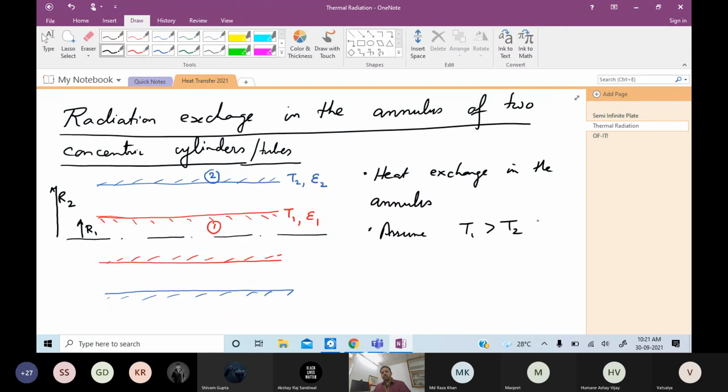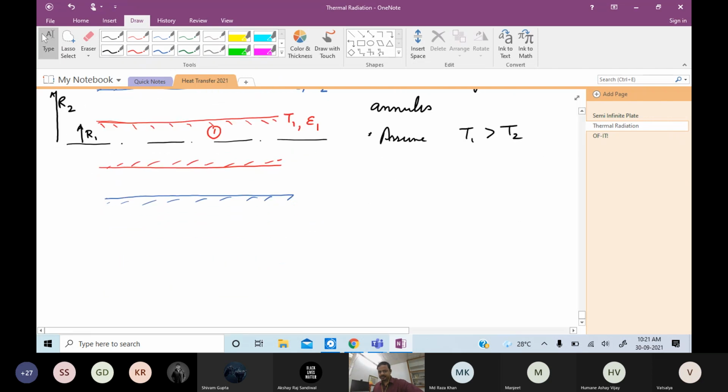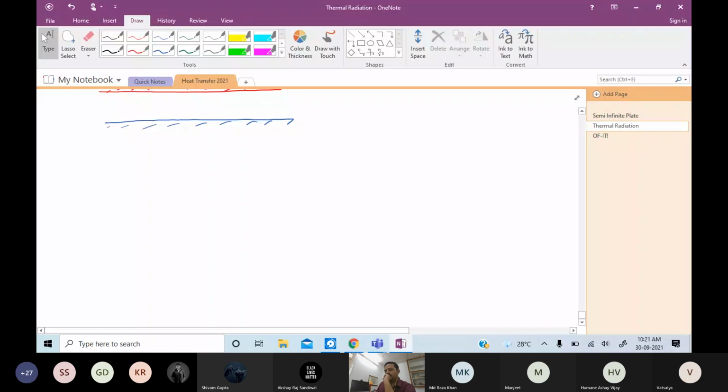Okay. So what we would like to do is get a geometric progression like series as in the previous case. But here, it is a bit more complicated. Why? Because these are not parallel plates. The view factors with respect to each other or with respect to itself is not 0.